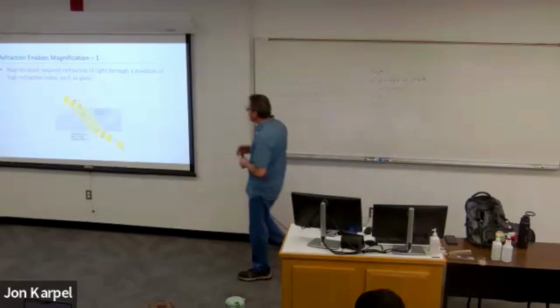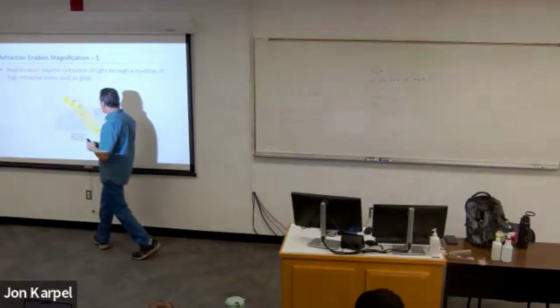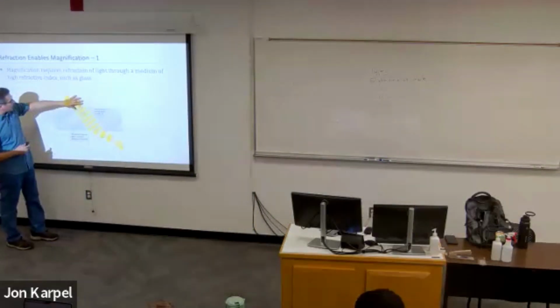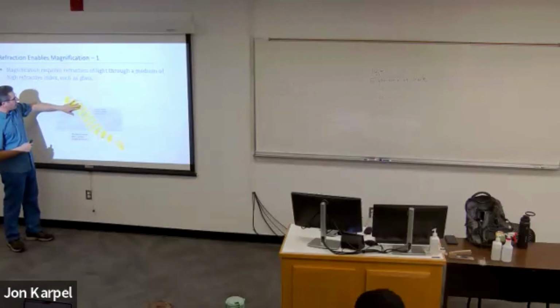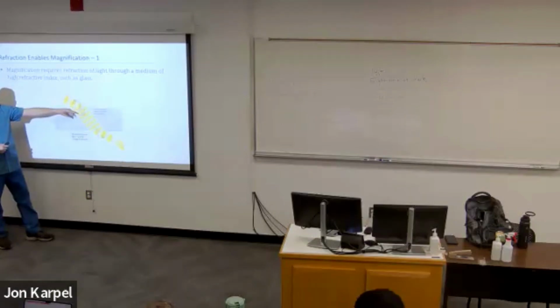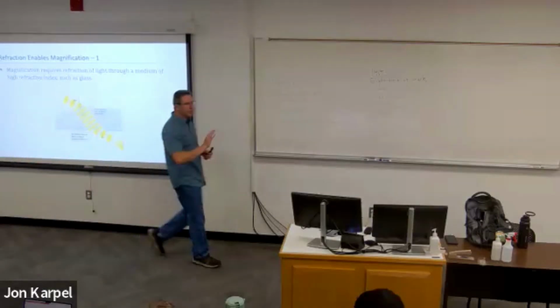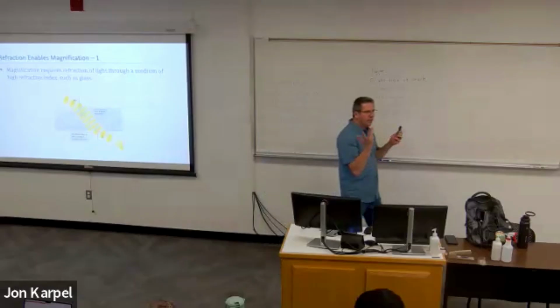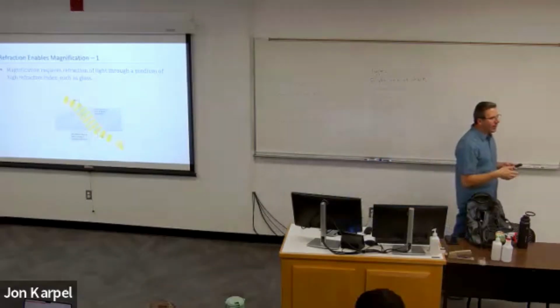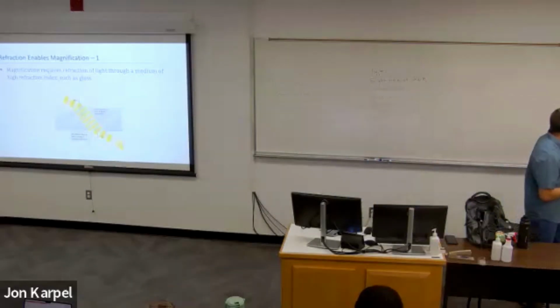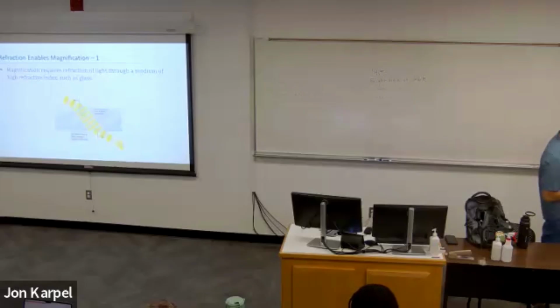This is what I was talking about with the smallest samples. So when we use the 100x, we're actually going to have to use oil on top of our glass slides. And that's going to help us correct for this refraction that occurs when the light goes through glass. That's just because wavelengths act differently between air and glass. So there's some theory behind this.